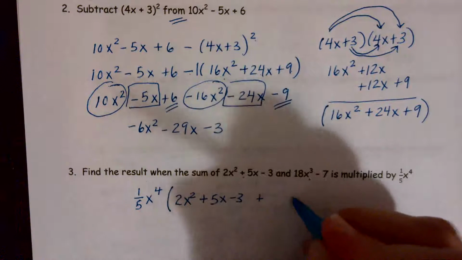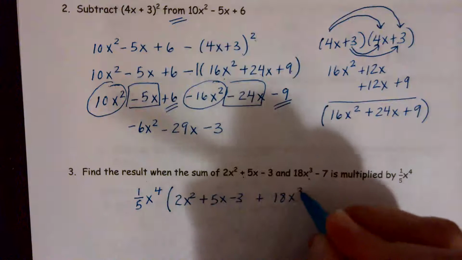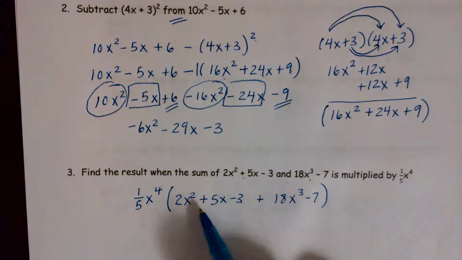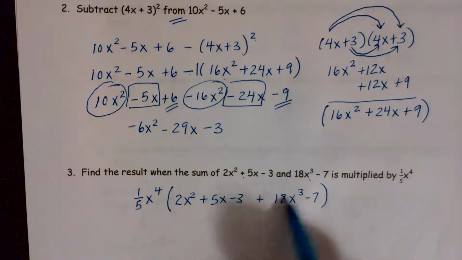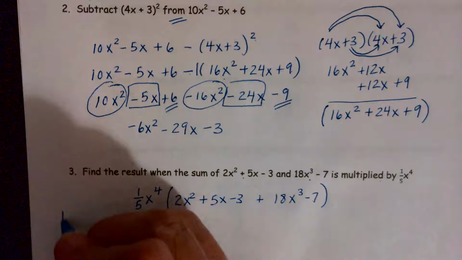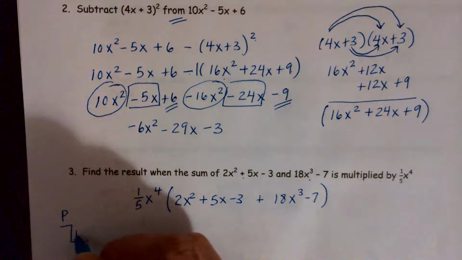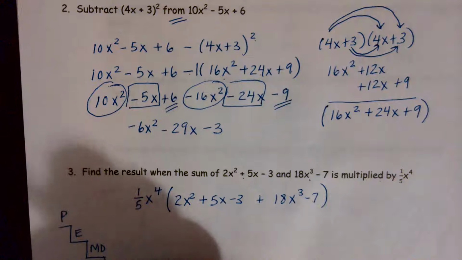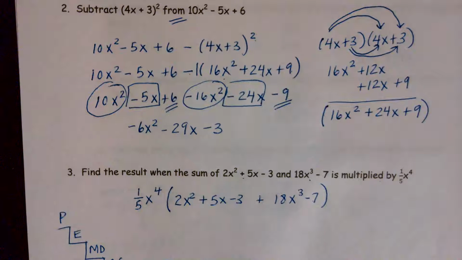And we're going to add 18x cubed minus 7. You could put these in parentheses again, but remember when we add, nothing is changed with the signs of the numbers. So remember your order of operations. First we do what's in parentheses, then exponent, then multiplication, division, whichever comes first, and then addition and subtraction.